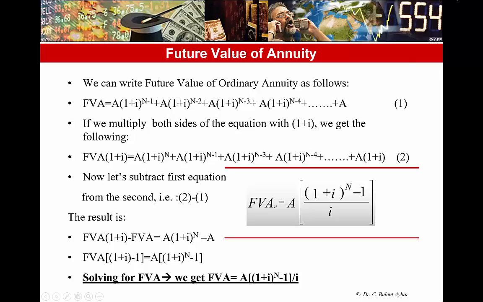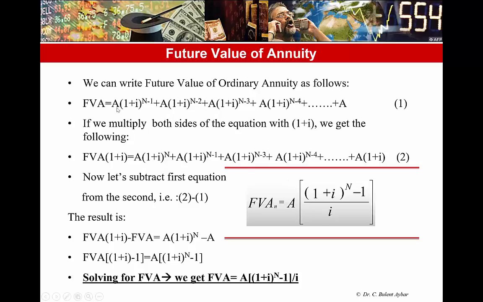So here we pretty much replicate what we have done in the chart in the previous example, to calculate the future value of an annuity that is equal to A for each period over an n-year period, when we earn interest I.